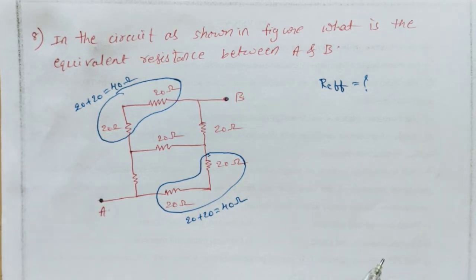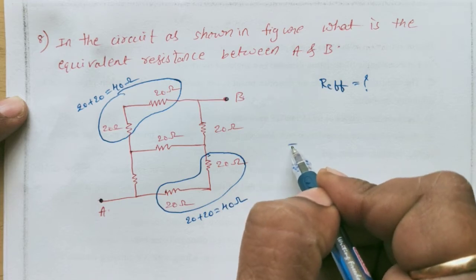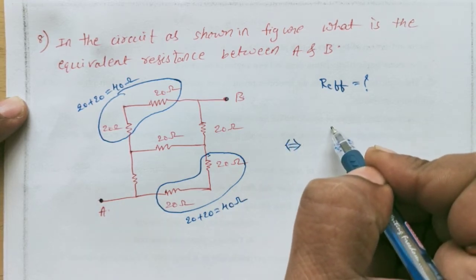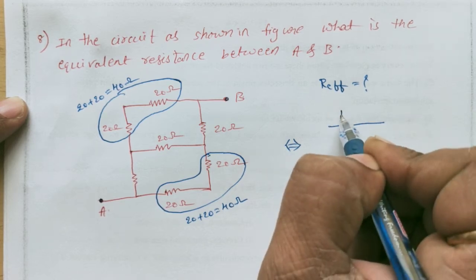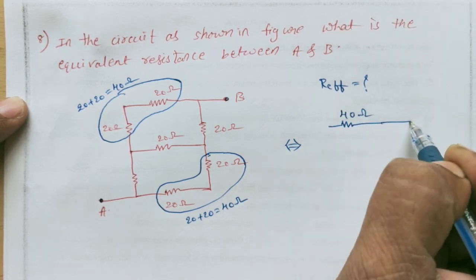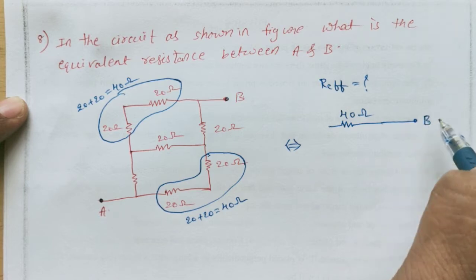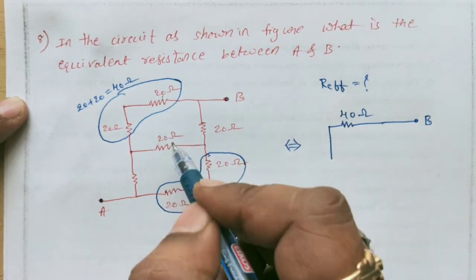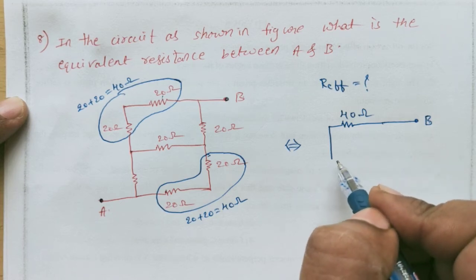So this is the thing. Here we want to rearrange in another way. I am representing one equivalent circuit. Here totally 40 ohms we observed. This is terminal B. Next, parallel to this 40 ohms, 20 ohms is present.